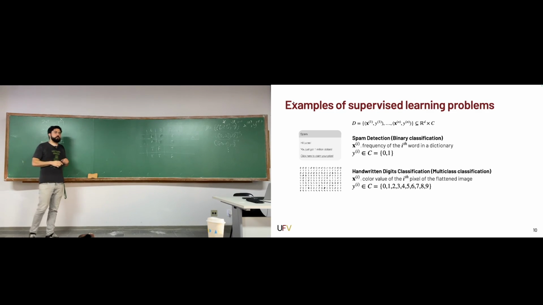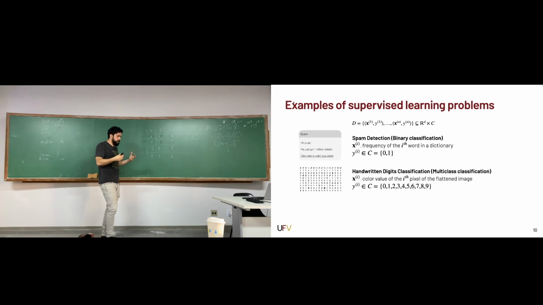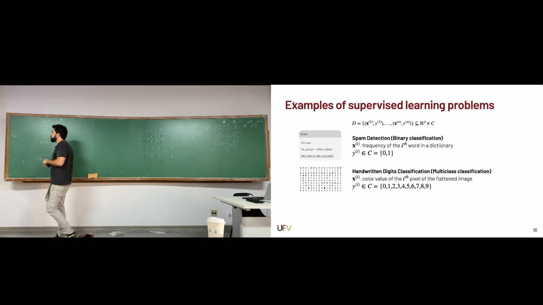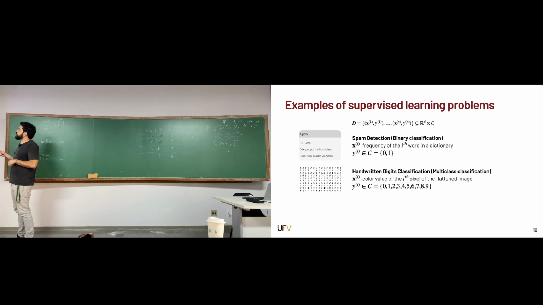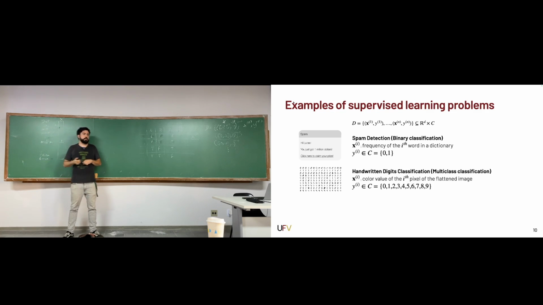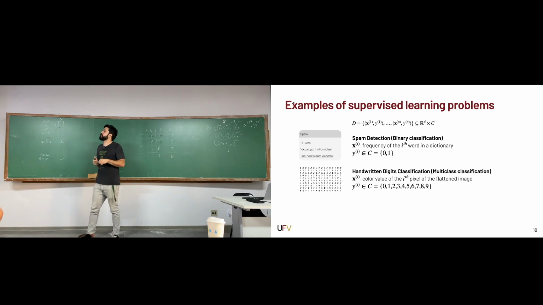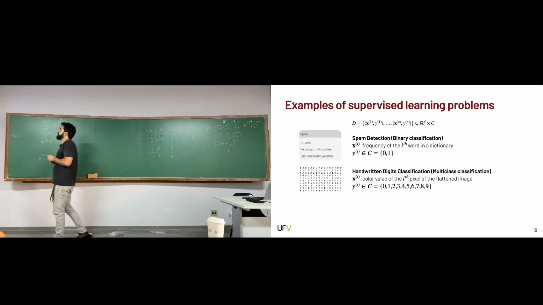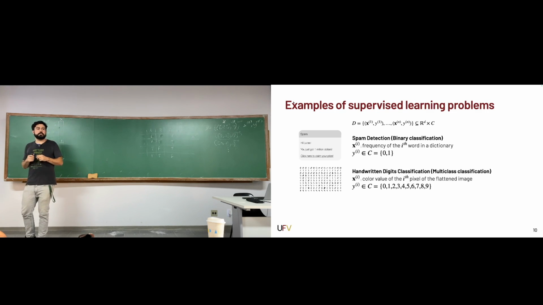In other words, I give an image and I want to figure out what digit is inside it. This is a multi-class classification problem because there are more than 2 classes. Anything bigger than 2 is multi-class, but it has to be finite.